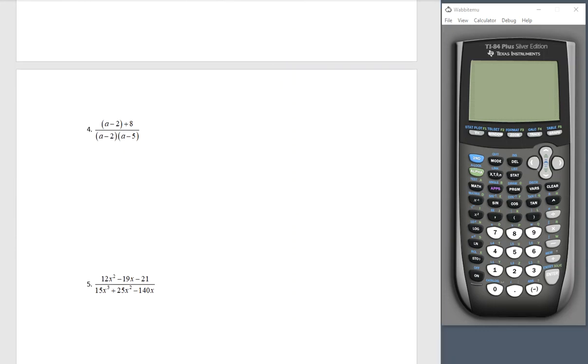Let's take a look at number 4. Now, number 4, it looks like we could cancel out these a minus 2, but a minus 2 is not being multiplied in the numerator, right? It's being added.